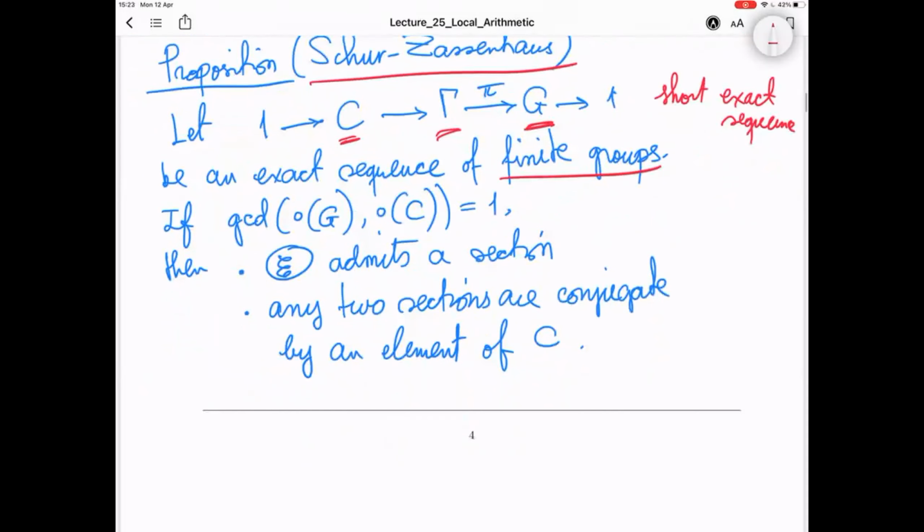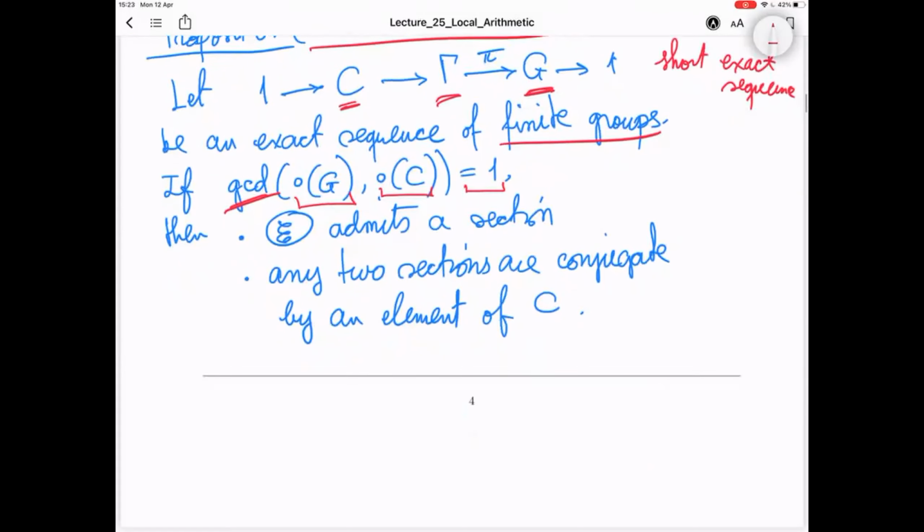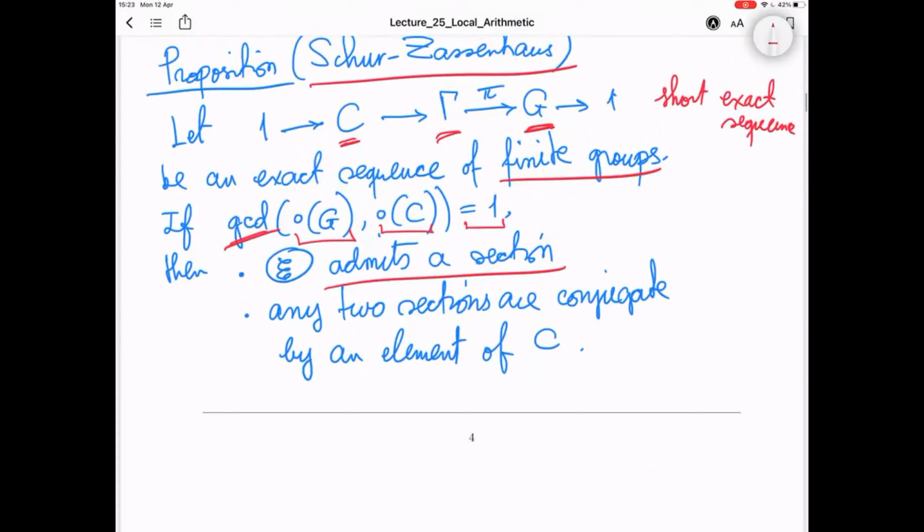Now, I'm given a short exact sequence of finite groups, and I'm told that the order of the quotient and the order of the subgroup are relatively prime. The GCD is equal to 1. If so, then this sequence admits a section.